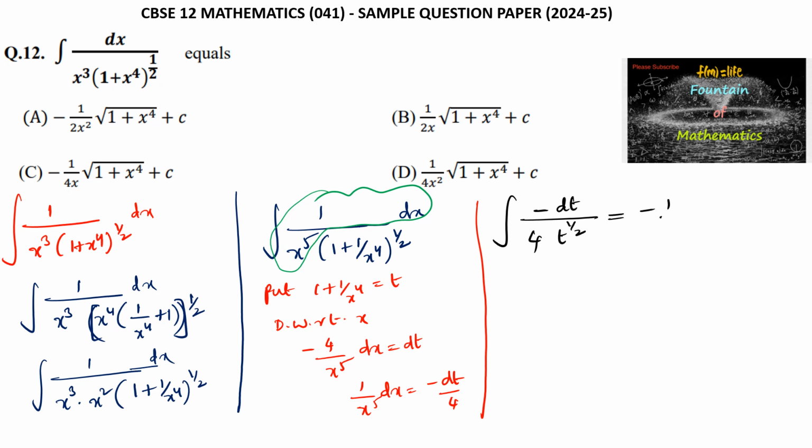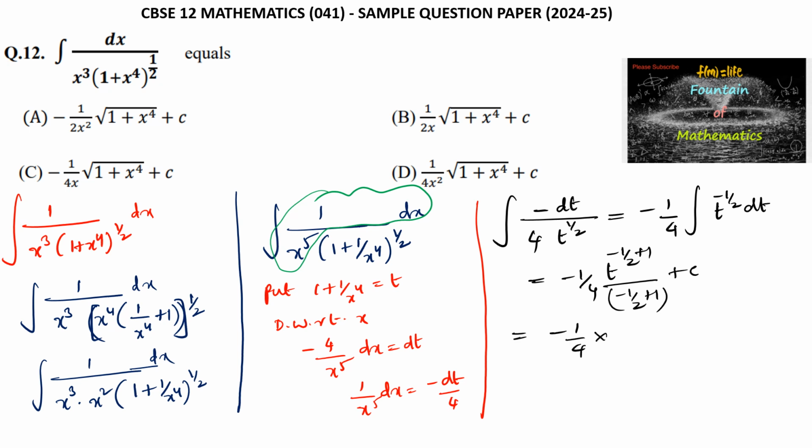So that is minus 1 by 4 integral t to the power of minus 1 by 2 dt, which is equal to minus 1 by 4 times t to the power of (minus 1 by 2 plus 1) divided by (minus 1 by 2 plus 1) plus some integral constant c. Or we can write minus 1 by 4 into t to the power of 1 by 2 divided by half, which is minus 1 by 2 root t plus some constant.